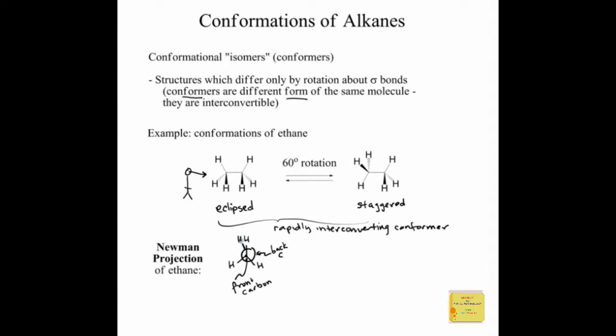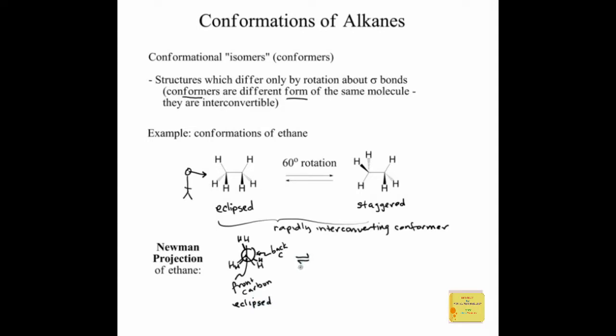But we tilt it just a tiny bit so that it's visible. So in our drawing, we move it slightly, but we keep them very close to each other because we recognize that they are, in fact, exactly aligned. So this is what the eclipsed conformation looks like in a Newman projection.